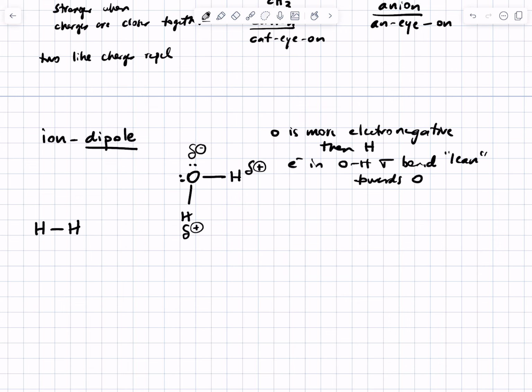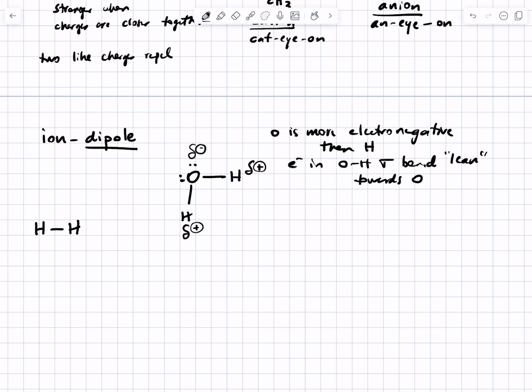What I'm telling you is the OH bond is still covalent, but the electrons spend a little bit more time on the oxygen side than they do on the hydrogen side. So overall, if you average it, the oxygen experiences more electrons than the hydrogen does. So that means the oxygen has a partial negative charge on it. Now, it's not a full negative charge. If it were a full negative charge, that would mean 2 of the electrons from that bond are totally on the oxygen, which isn't true.